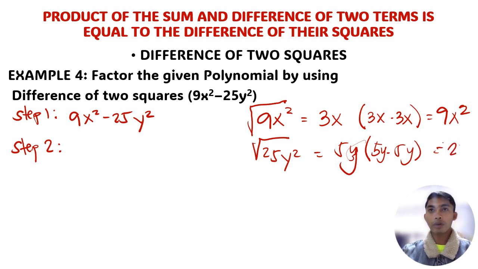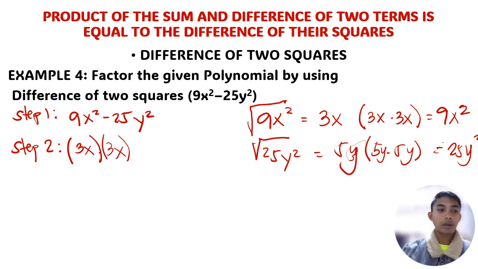So therefore, in step 2, we need to find the square roots. Simply copy the roots for the given term: 3x times 3x, and then 5y for the second term times 5y.